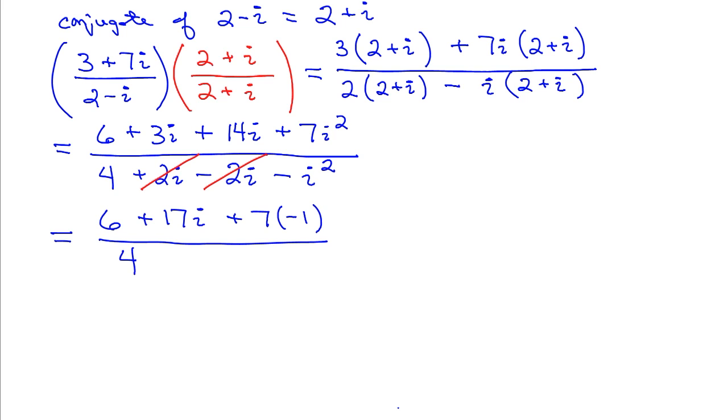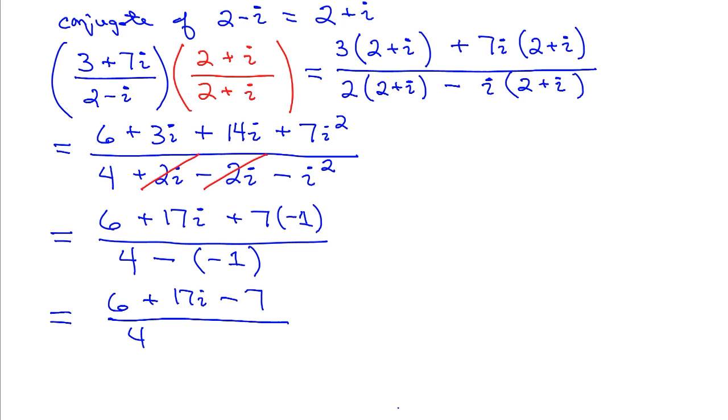What that leaves is 4 minus negative 1. And then we simplify. 6 plus 17i, 7 times negative 1 is negative 7. 4 minus negative 1 is 4 plus 1.